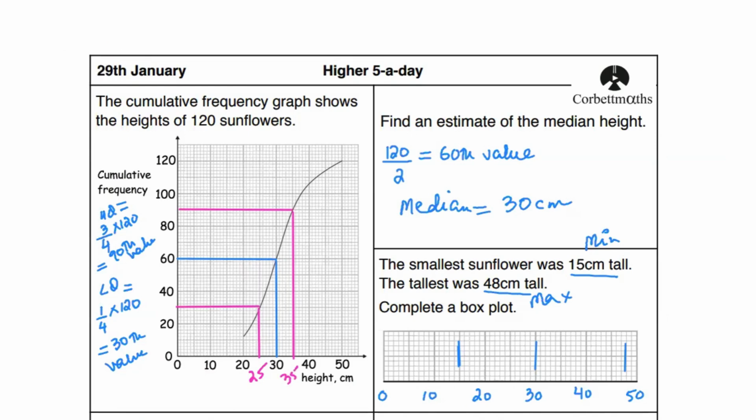So all we need to do is draw this information over here. 25 is this. 35 is this. This is our box. This is our box plot. That's the minimum value. That is your maximum value. This is your median. This is your lower quartile. This is your upper quartile.